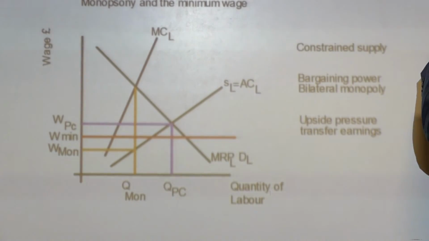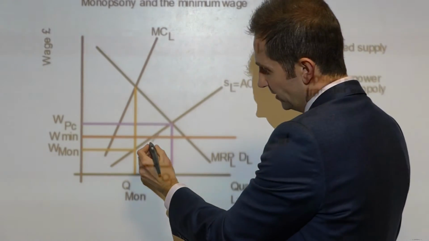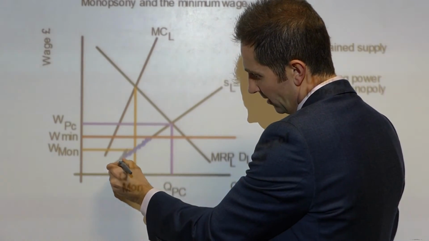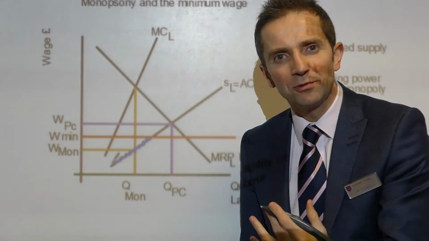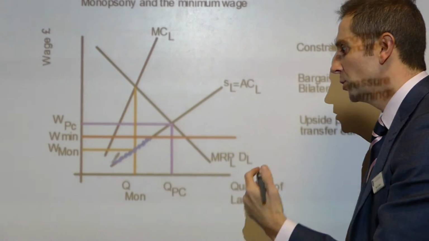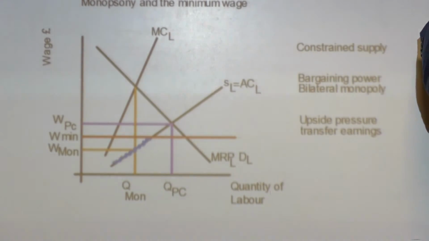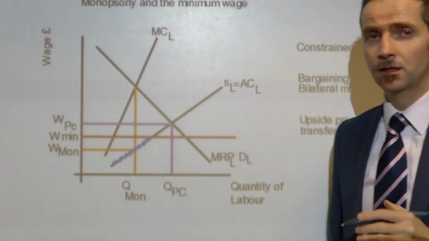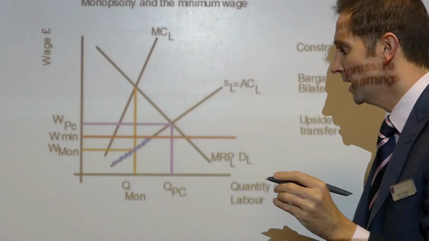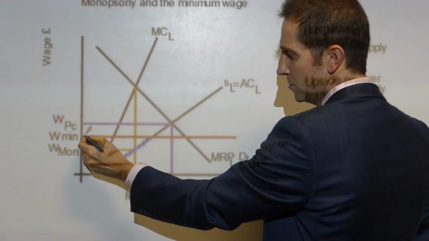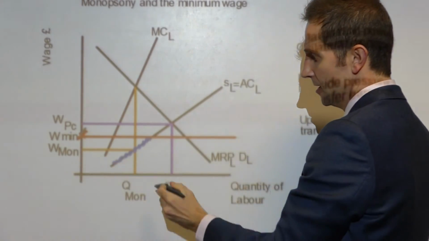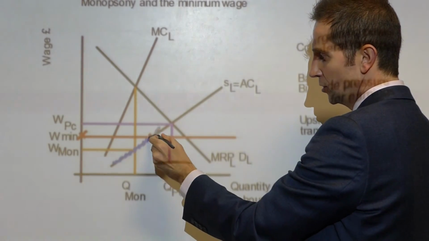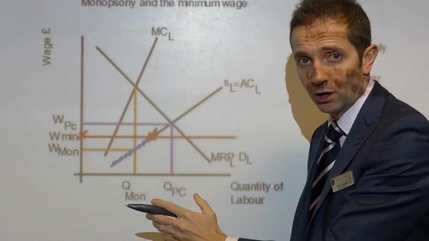And so on this diagram, ladies and gentlemen, this section of the supply curve here becomes redundant. And so the supply curve for the monopsonist with this minimum wage imposed would be from WMIN, so from here, over to the original supply curve.